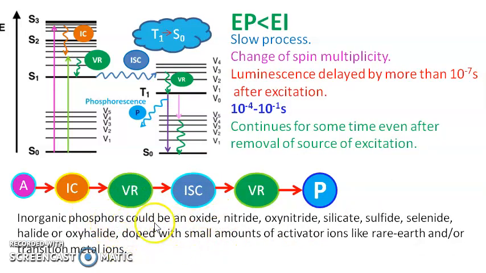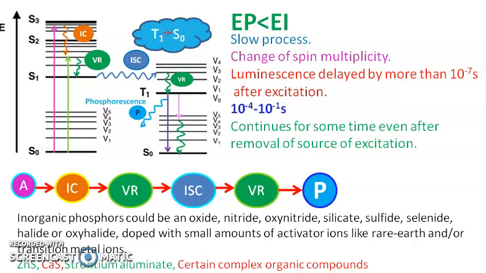Now, a few examples of materials which exhibit phosphorescence. Inorganic phosphors: compounds like oxides, nitrides, silicates, sulfides, halides or oxyhalides of alkali and alkaline earth metals, but these must be doped with some amount of activator ions of rare earth metals. Alkali and alkaline earth metal sulfides having some amount of heavy metal ions can act as phosphorescent materials, like zinc sulfide, calcium sulfide, then strontium aluminate.